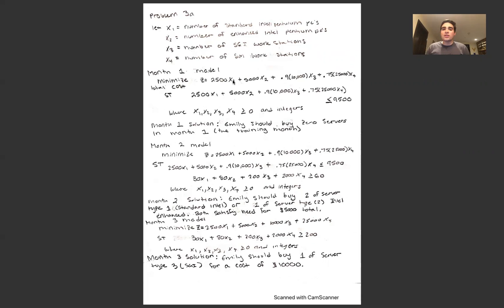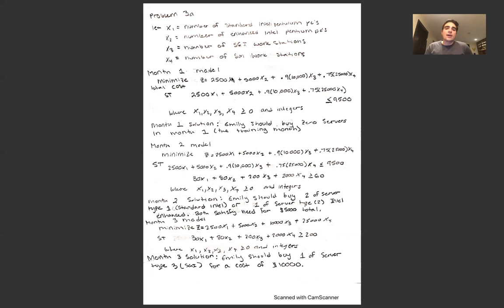We also know that in the first 2 months, we get special deals from servers 3 and 4. Particularly, we get the third server at 10% off, for 0.9 of the $10,000 that it costs, and we get server 4 at 25% off, or 0.75 of the $25,000 cost in the first 2 months if we purchase them.